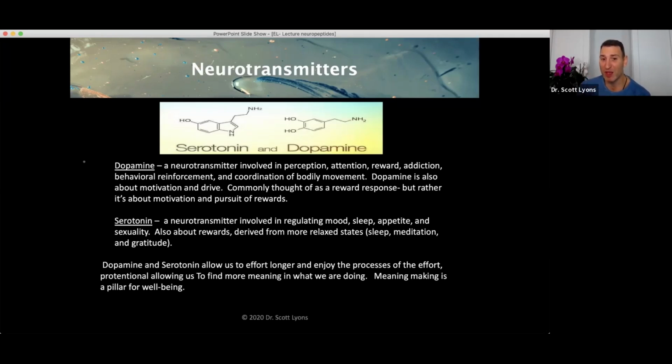Commonly thought of as the reward process, dopamine is more about the motivation and the pursuit of reward. So when we get a flood of dopamine, it's not when we've reached our goal, it's actually in the motivation and the journey of getting there.